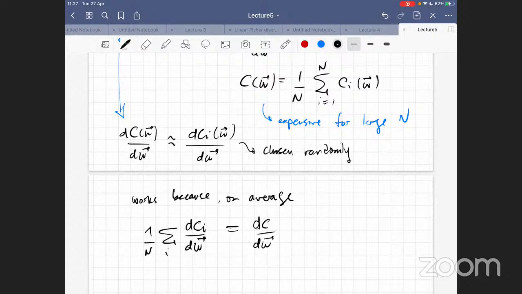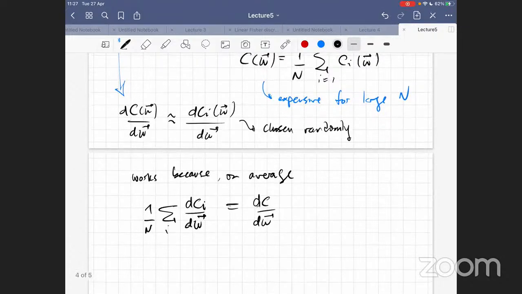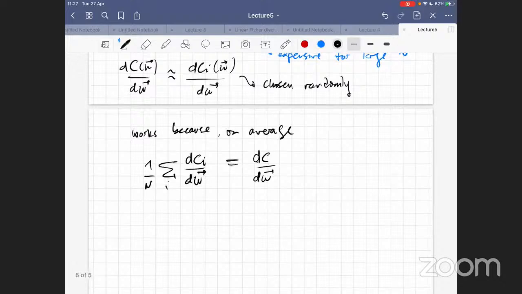So the average behavior of this derivative of a random point, chosen randomly, that you take to approximate the whole derivative of your cost function will, in general, on average tend to the same minimum.